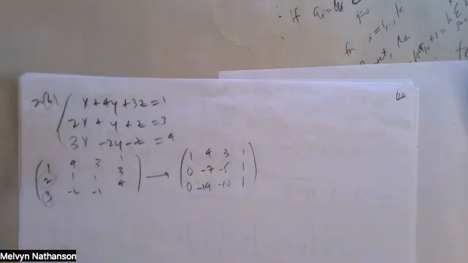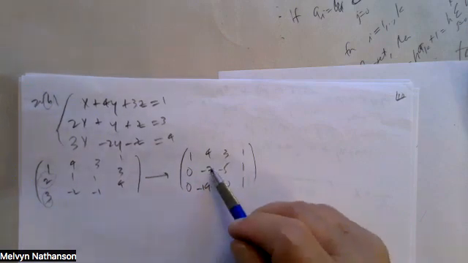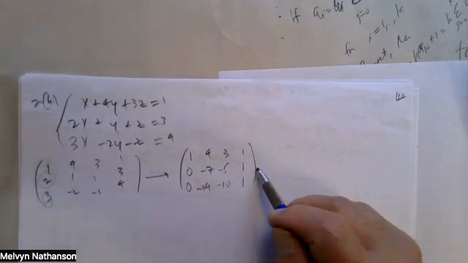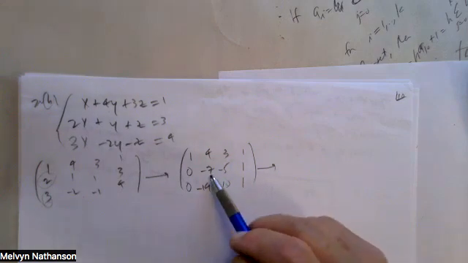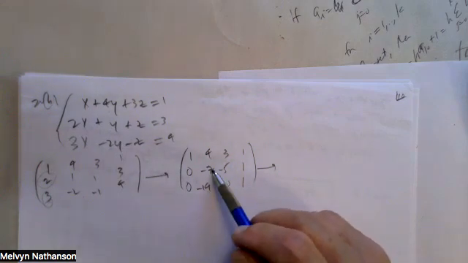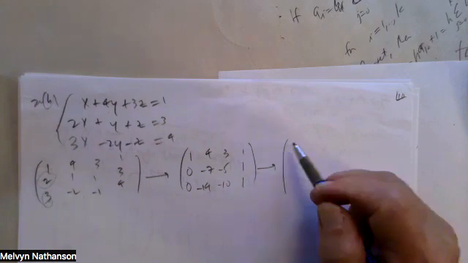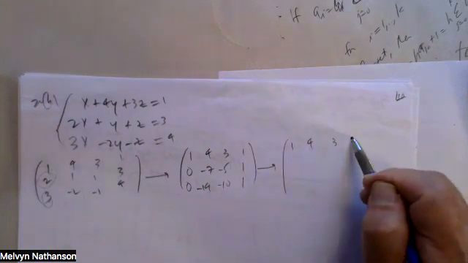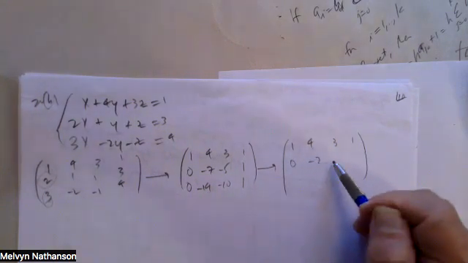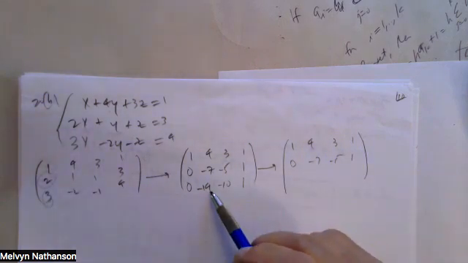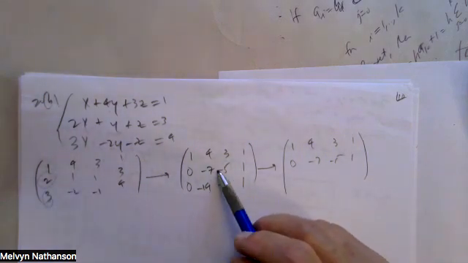Okay. And then I want to make this a 1 and zeros above and below. But actually, I notice that minus 7 times 2 is minus 14. So if I take the third row minus 2 times the second row, what do I get?